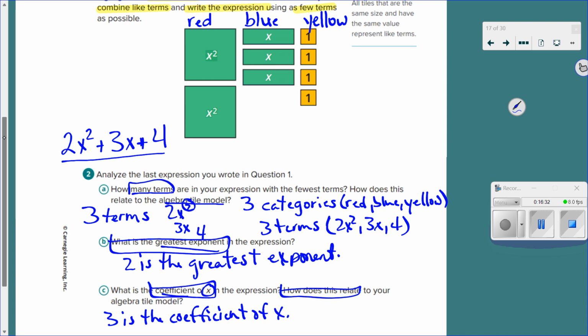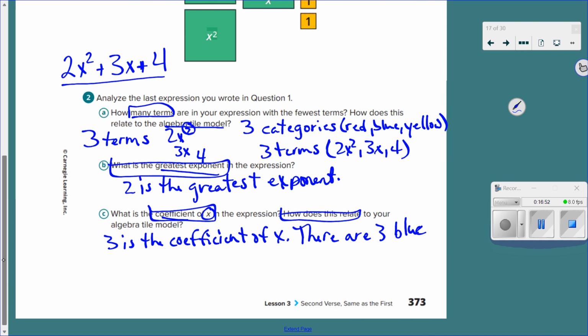How do I see the coefficient of that? The coefficient is 3 and then 3 blues. We've only done 1 so far. So there are 3 blue tiles, that's where that coefficient of 3 comes in.